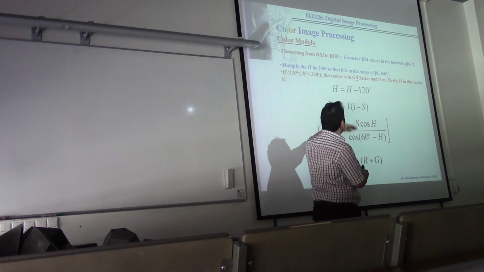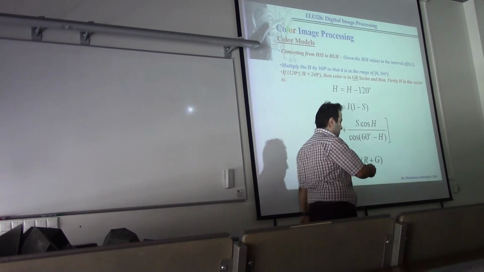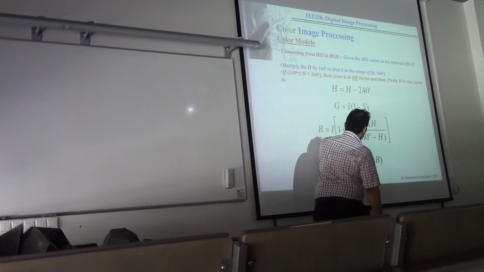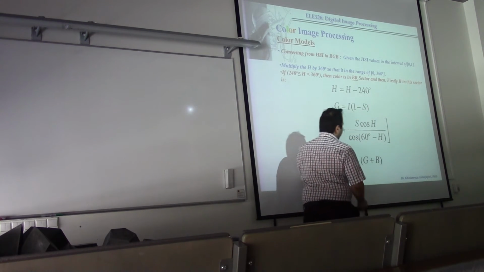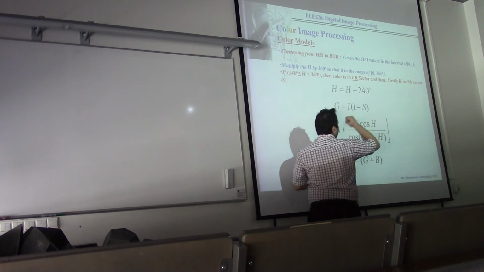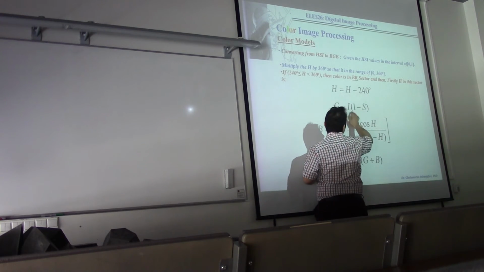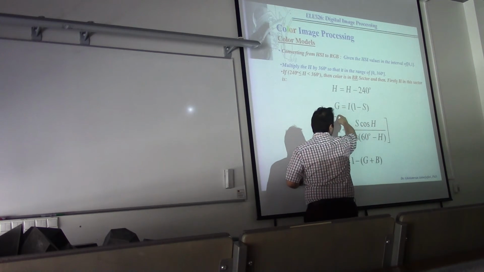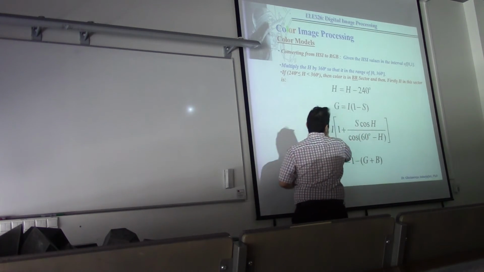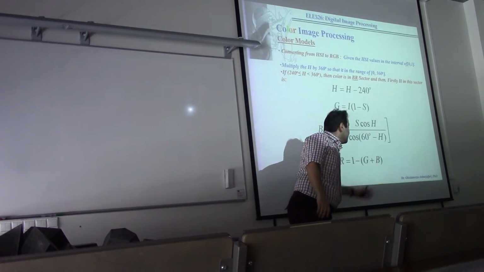It means that we have to find the red and green, and after that the blue by this equation. And for the next one, we can see that with this equation we have to find the R. It means that first we have to find the green by this. In the first situation this equation was for the red, but here we have this for the green, and also this part for the B, and we can find the red with this equation.